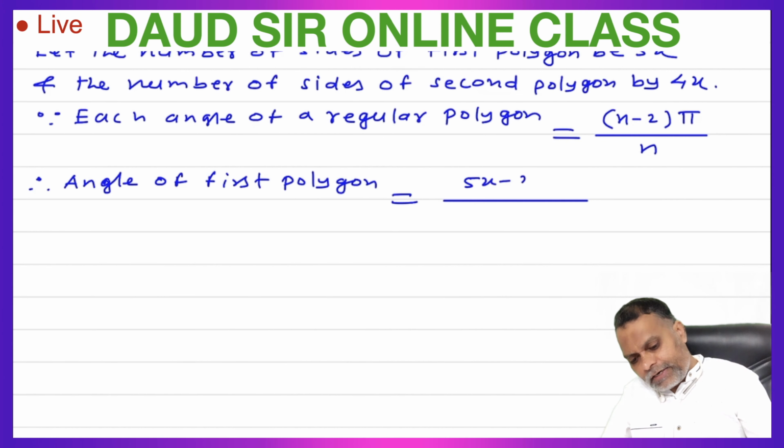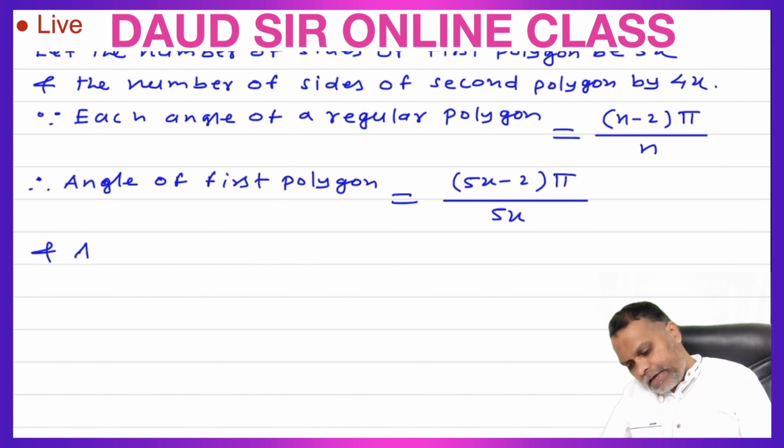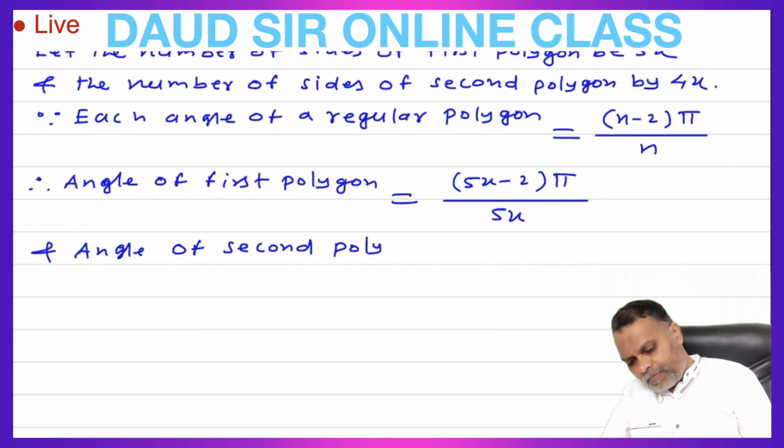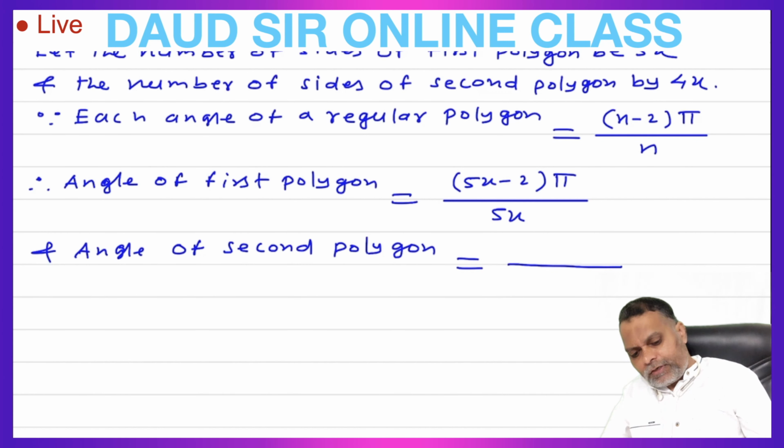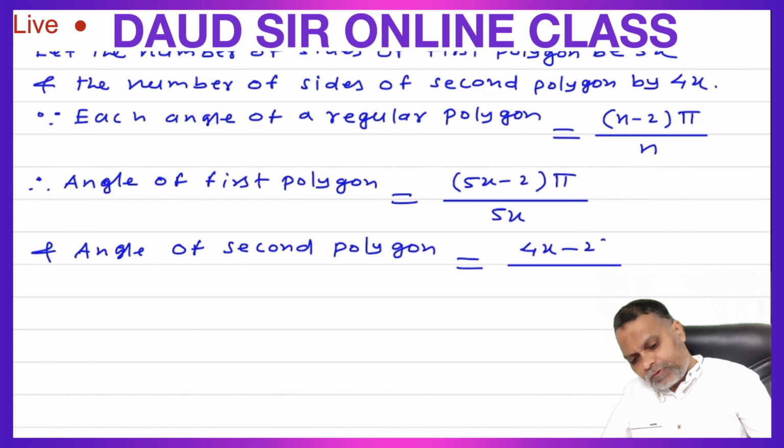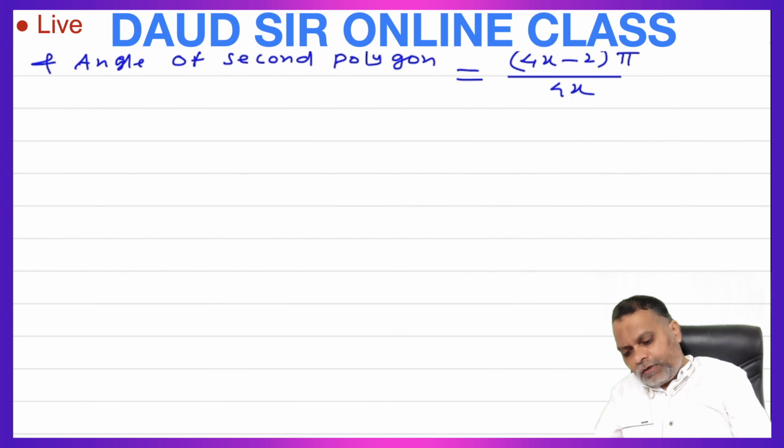So (5x minus 2) into pi upon 5x. And angle of second polygon is equal to, we considered 4x number of sides, so (4x minus 2) into pi upon 4x.